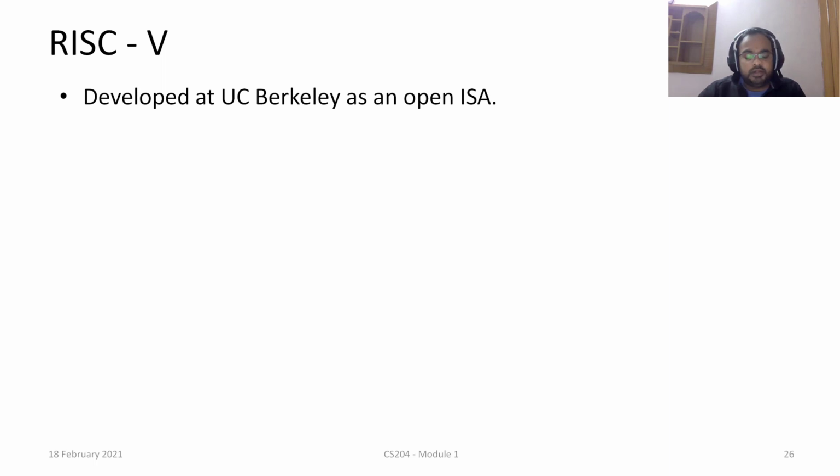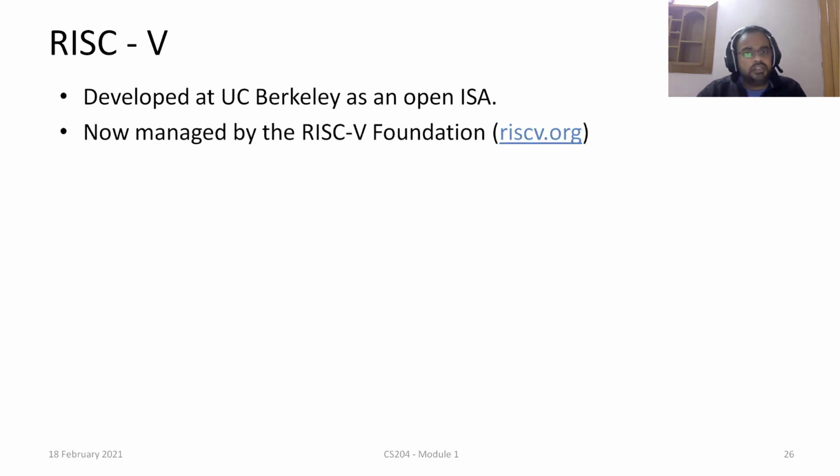It was primarily developed by University of California, Berkeley as an open source ISA. Now it is managed by an independent organization, RISC-V Foundation is its name, and riscv.org is the site.